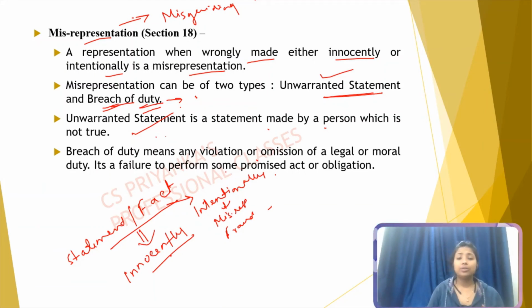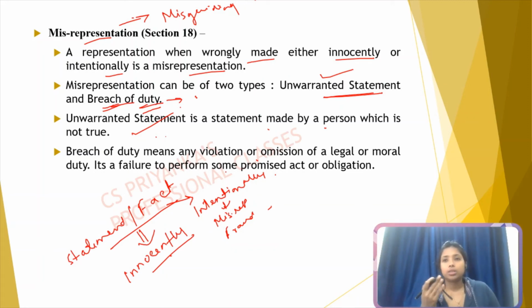I can tell you an example. You are standing on the road and I am searching for some address. I ask you where this address is. You simply tell me maybe it's here on the left. Actually, without knowing it, you are telling me, and innocently you have misguided me. That is called misrepresentation.